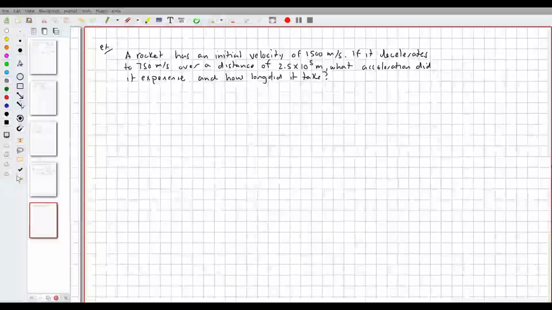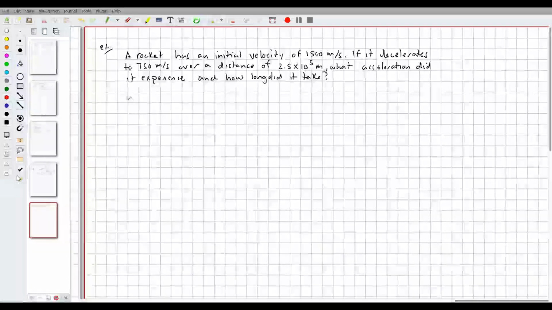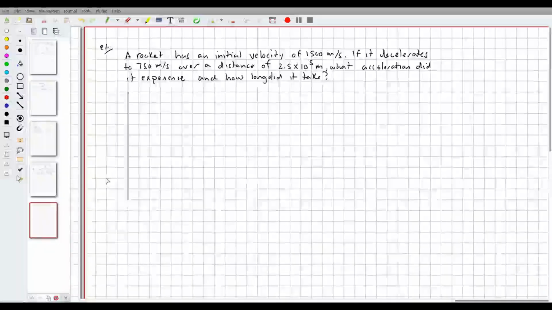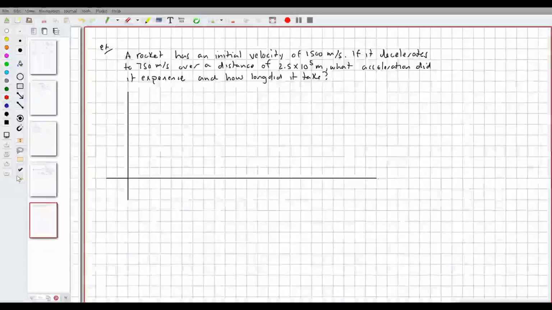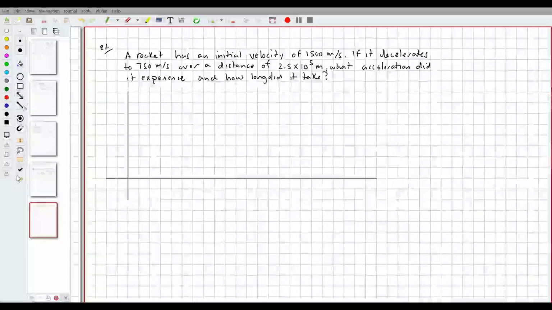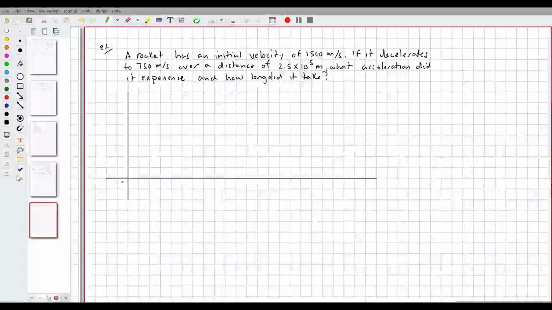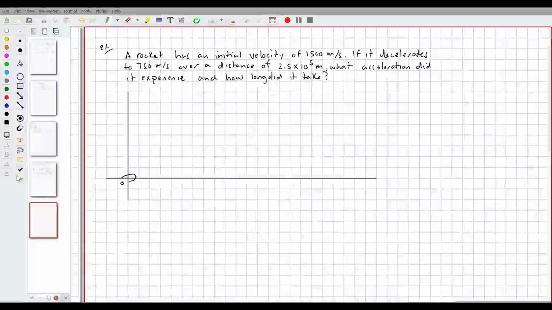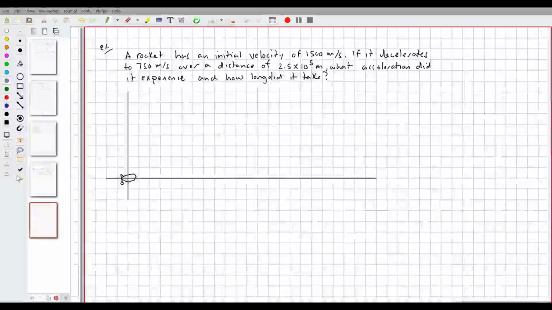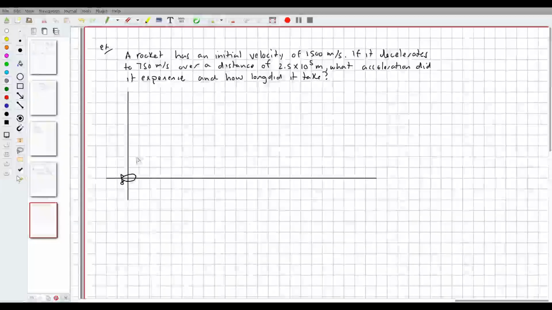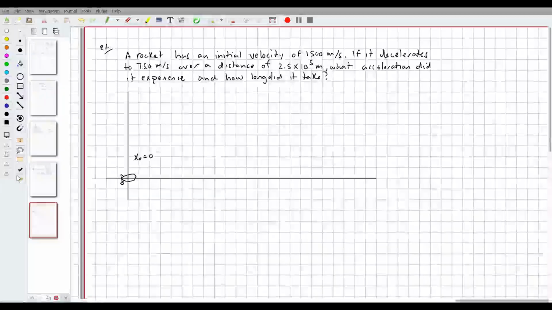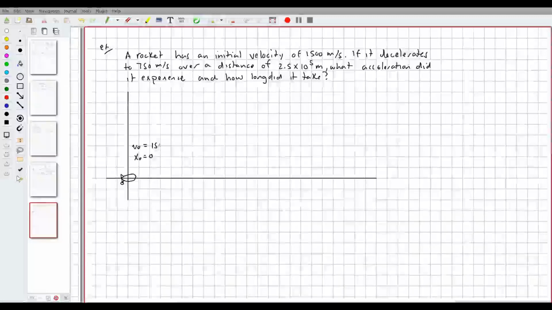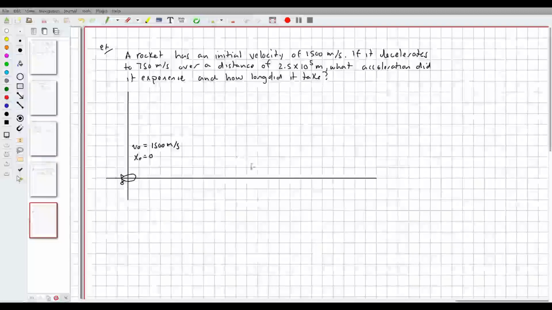So, once again, the first thing you want to do is to draw your coordinate system. If you choose your coordinates wisely, you put your rocket ship at the origin. Now, its initial position is 0, but the initial velocity is 1,500 meters per second.